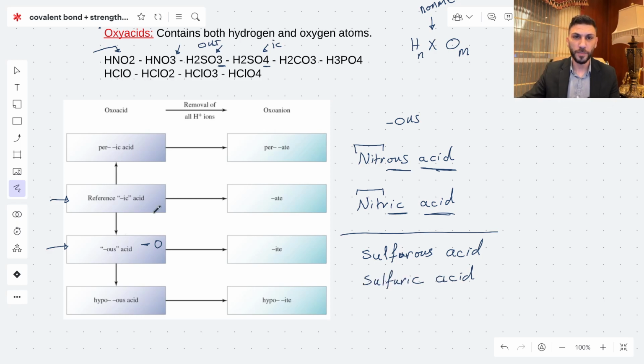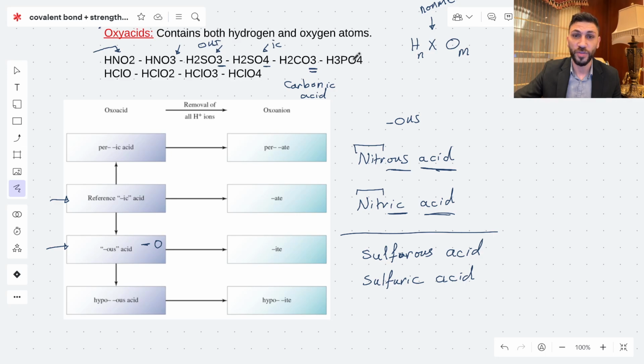All right. For the H2CO3, we don't have H2CO2 or H2CO4. So this is the highest oxygen that we have. So it's going to be carbonic acid. Same thing for H3PO4.